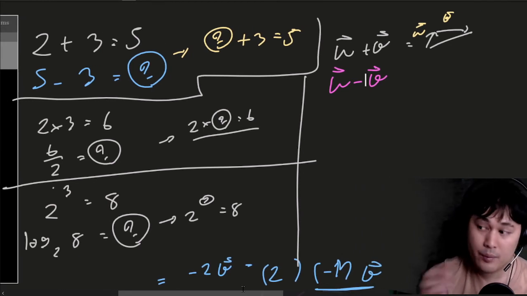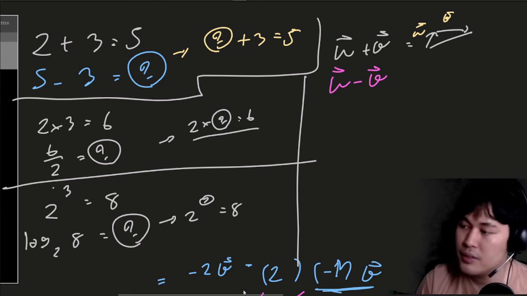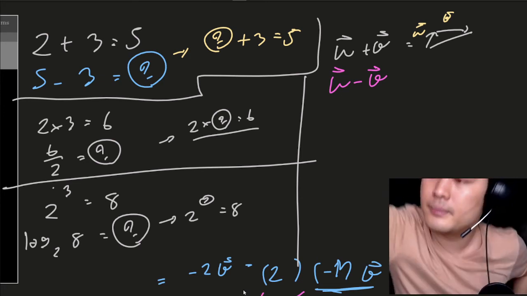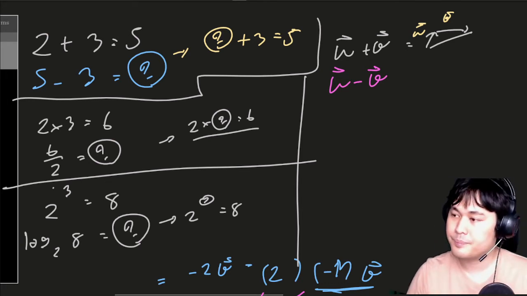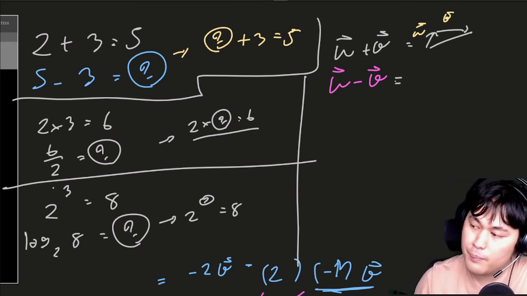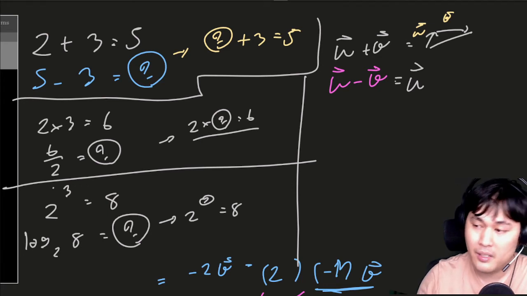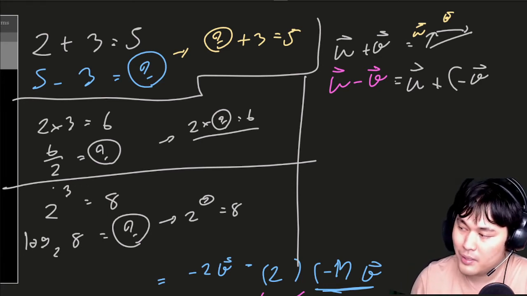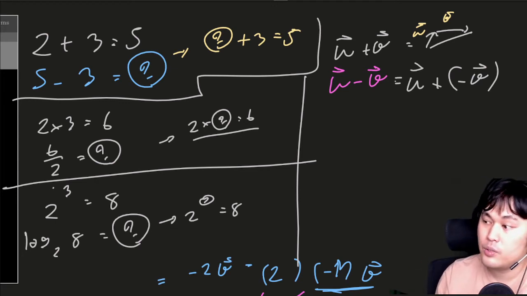Can we do better? Can we change that to something that we know? And the thing is, just like these examples, the first step is to convert that back to a question about addition.